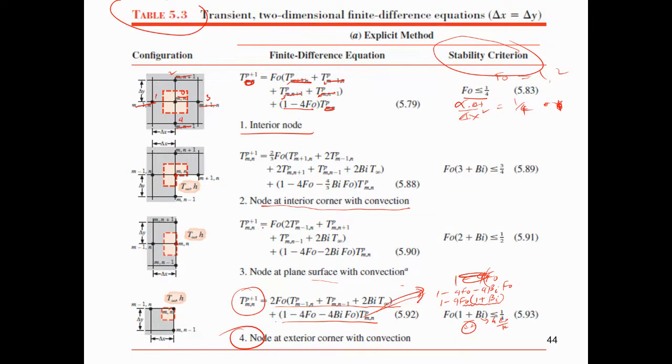If you look at this one, this term we somehow make 0. So 1 minus 2 F0 (2 plus beta I).